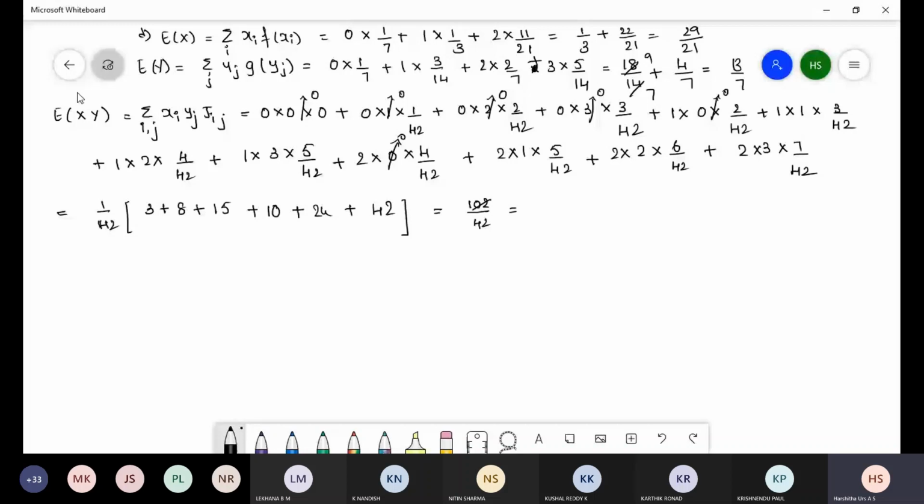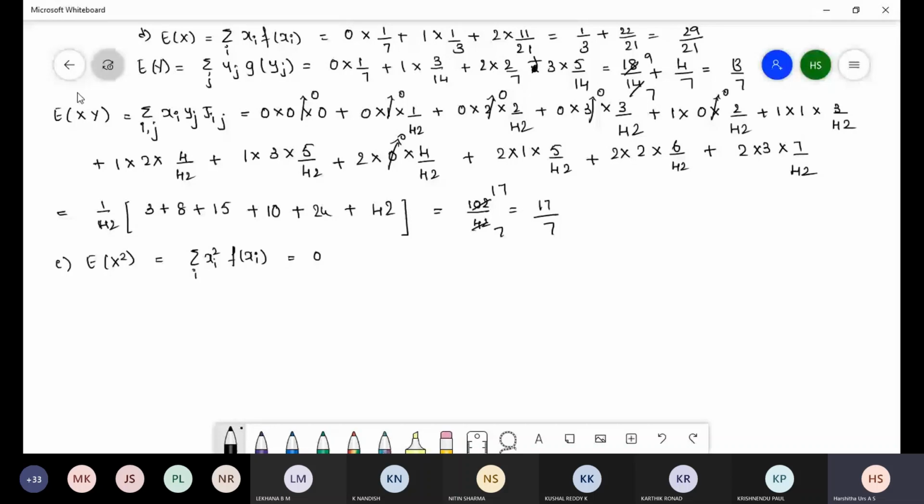Next, fifth one, E of x square, that is sum of xi square into f of xi. Again we have to refer the marginal distribution of x. There we have to square the values of x and multiply with the f of xi. So 0 square is 0 into 1 by 7 plus 1 square into 1 by 3 plus 2 square into 11 divided by 21.